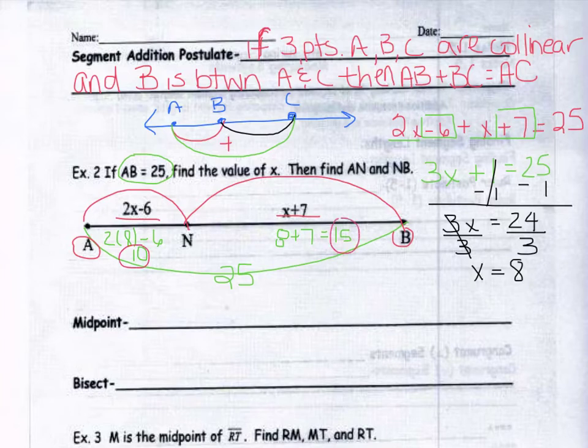Now midpoint, hopefully everyone knows what a midpoint is. Basically, it's just a point that divides a segment into two congruent segments. So it's a point in the middle of a segment. A point that divides, because this is the official definition, the segment into two congruent segments.